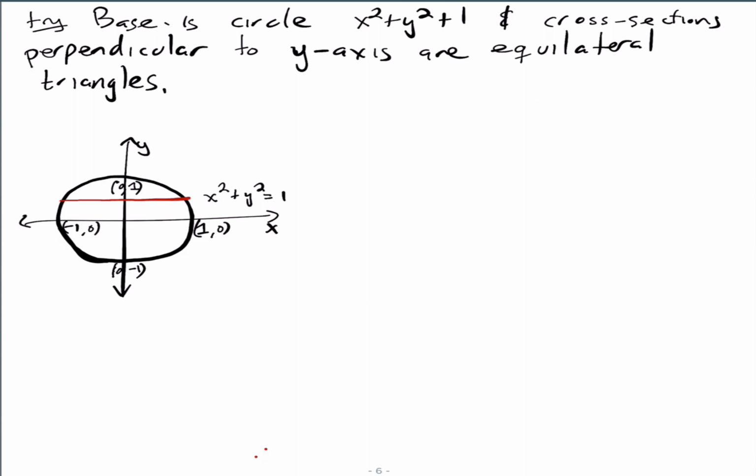And then we draw a triangle. An equilateral triangle, so the sides are the same. So, you know, you try your best there. So that's our cross section there, this triangle.